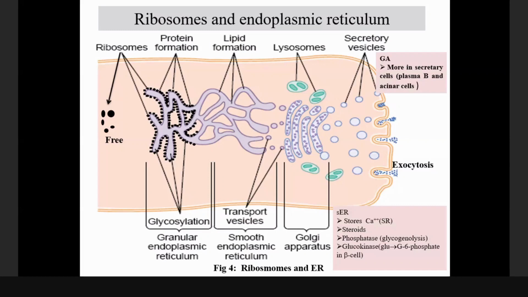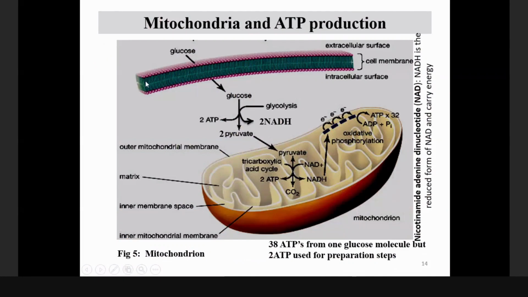The next is mitochondria. Mitochondria is called the powerhouse of the cell because 95% of ATP, or adenosine triphosphate, is synthesized in the mitochondria. Look, for instance, at the figure. You can have glucose. The major source of energy in our body is glucose, and that glucose enters your cell. There is glycolysis in the cytoplasm.